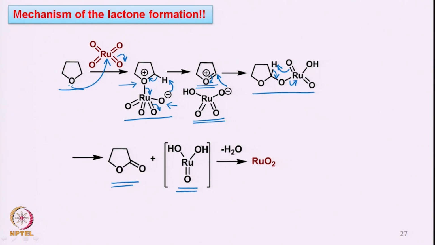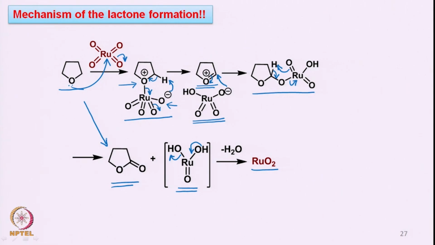This ruthenium species loses water to form ruthenium dioxide. So ruthenium tetroxide has been converted to ruthenium dioxide, and in the process the ether, which is tetrahydrofuran, has been converted to the corresponding lactone. This is how the reaction occurs, and it is a very useful reaction.